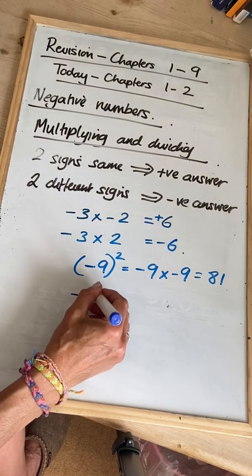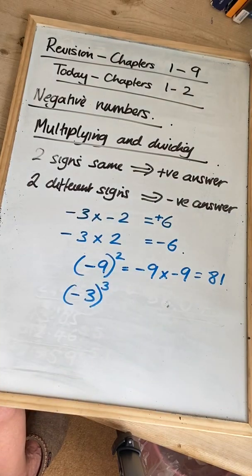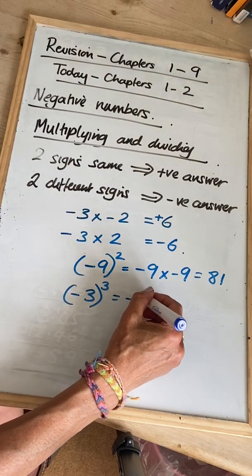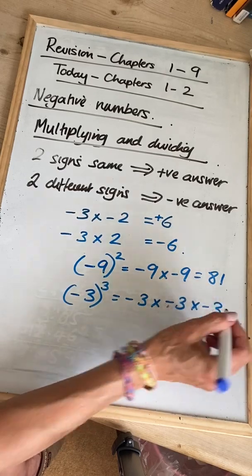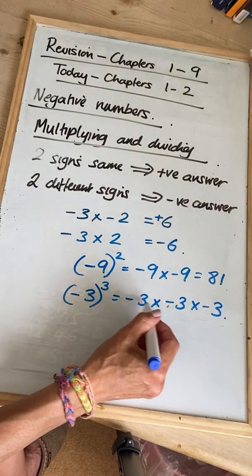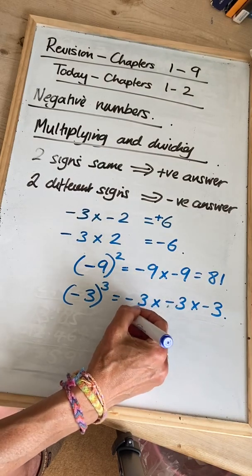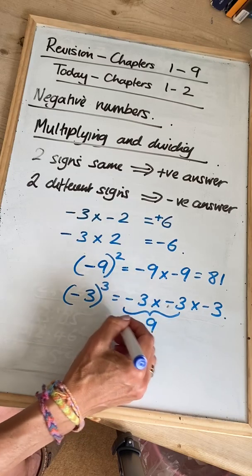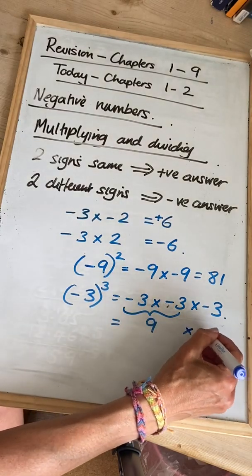If we had minus 3 and instead of squaring it we were cubing it, think about this. That would be minus 3 times minus 3 times minus 3. That's what it means. The minus 3 times the minus 3 here, they're two signs that are the same. So that's going to give you 9, plus 9. And then that is multiplied by minus 3.